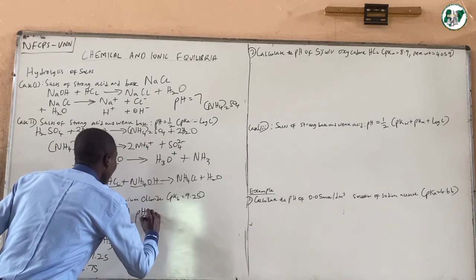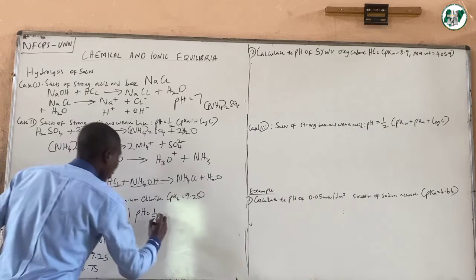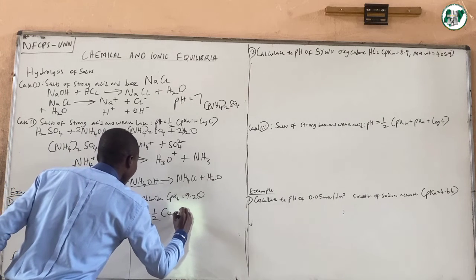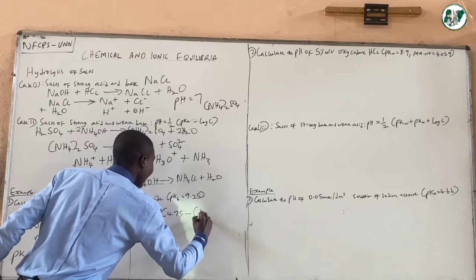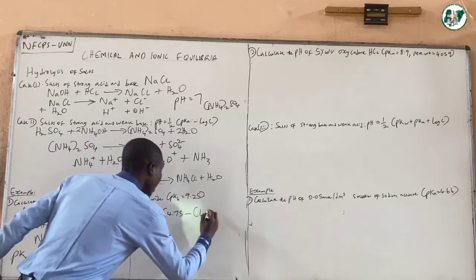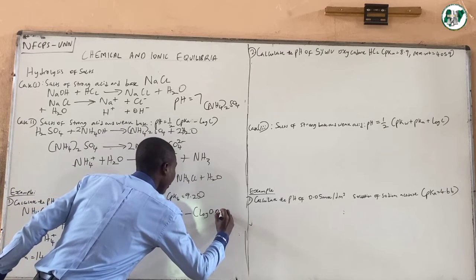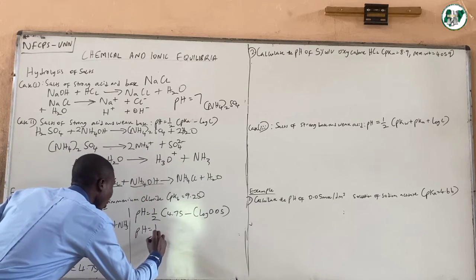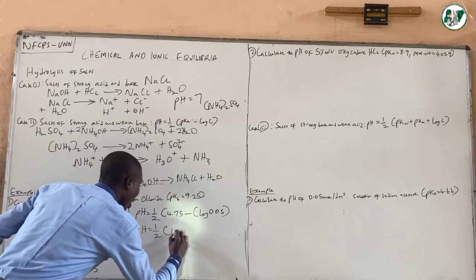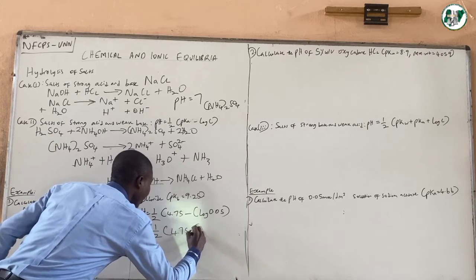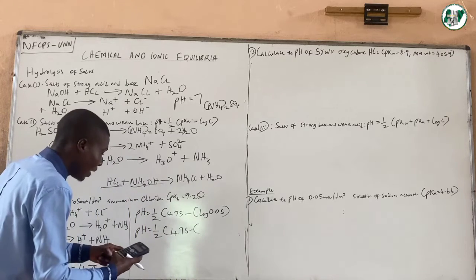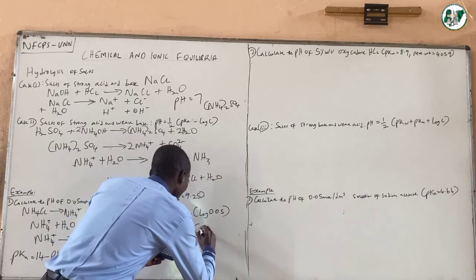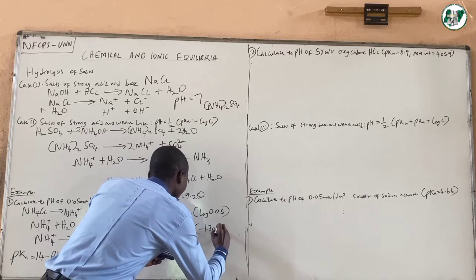Let's calculate the pH. Our pH is equal to 1/2 of pKa, that's 4.75, minus, in brackets, log C. What's our C? 0.05 mole per dm cube. So pH is equal to 1/2 brackets 4.75 minus log 0.05, which is minus 1.3010.